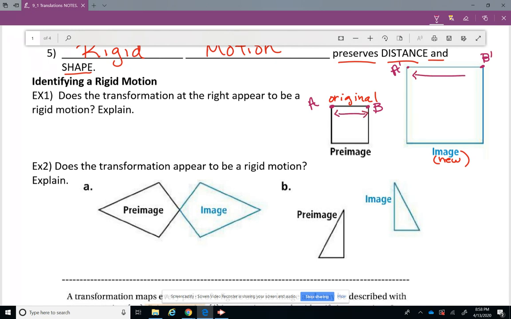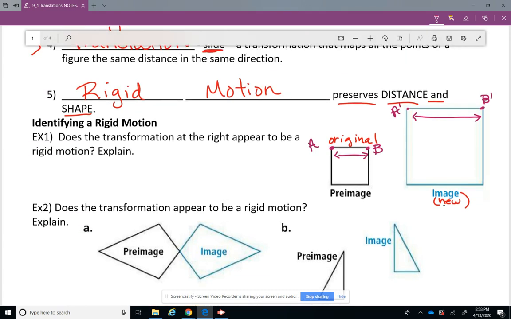The distance got greater. So if you look above, a rigid motion preserves the distance and the shape. Well, the shape was definitely preserved, but the distance was not. The shape has to do with the angles, and the distance has to do with length.